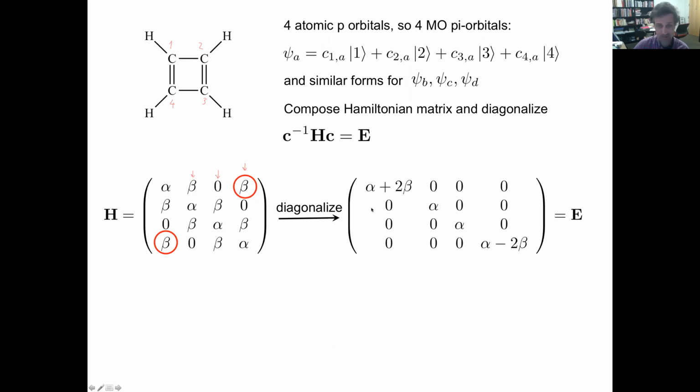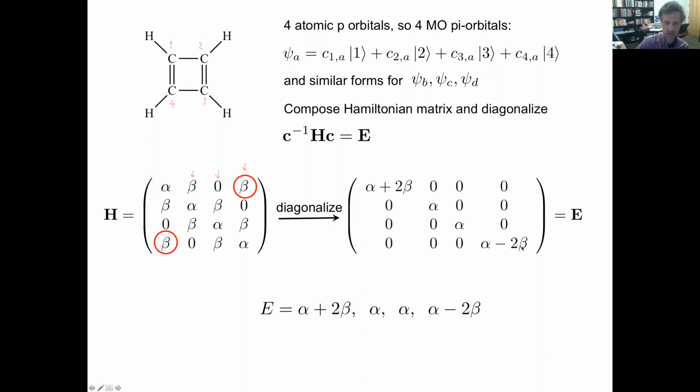So what we find after diagonalizing this matrix is that all the matrix elements are going to be 0 except the values on the diagonal, and therefore these values are going to be my energy values of the problem. So I find the energies alpha plus 2 beta, then 2 energies of the value alpha, and then alpha minus 2 beta.